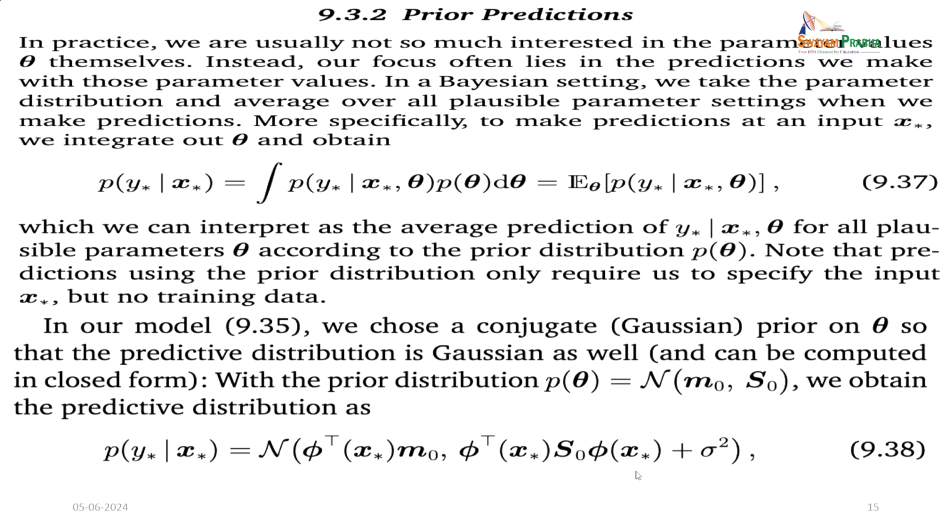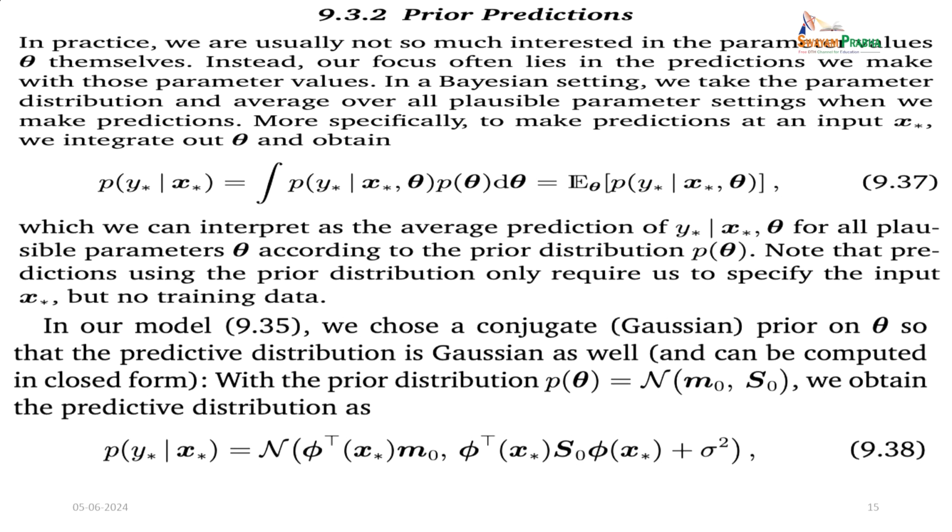Next, prior predictions. In practice, we are usually not so much interested in the parameter values theta themselves. Instead, our focus often lies in the predictions we make with those parameter values. In a Bayesian setting, we take the parameter distribution and average over all plausible parameter settings when we make a prediction.